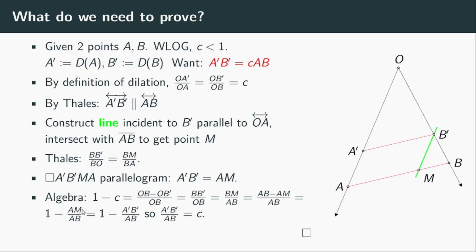And AM over AB, now replacing AM by A prime B prime from that parallelogram observation, I get 1 minus A prime B prime over AB. So I have 1 minus c is 1 minus A prime B prime over AB. I can solve that for A prime B prime over AB, and I get c, which is exactly what I wanted to prove.